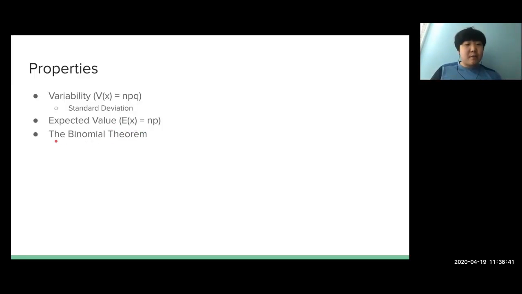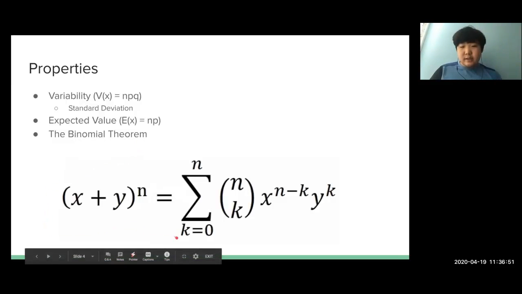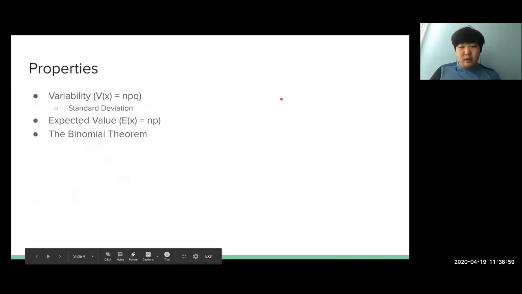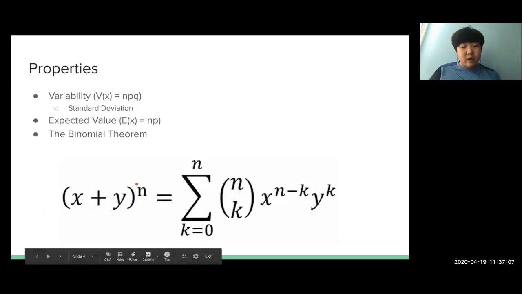And then there's the binomial theorem, which is not terribly relevant to the binomial distribution, but it still constitutes one of the cornerstones of mathematics in general. So here it is. This is the binomial theorem, and it basically allows us to convert the sum of all of these probabilities, seen here in the formula, to this nice binomial expansion where x and y have been grouped together and exponentially increased by n.